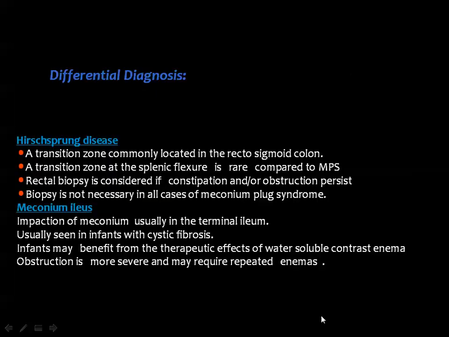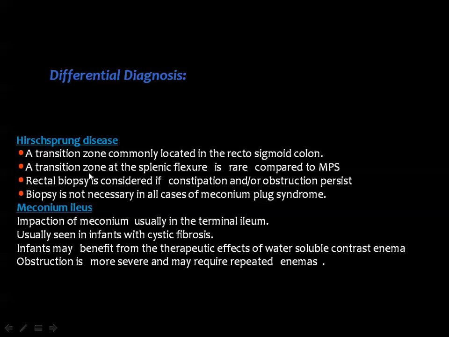This disease has to be differentiated from Hirschsprung disease, where the transition zone between the narrowed segment of the colon and the normal colon is usually located at the rectosigmoid colon, but in small left colon syndrome, it is present a little bit higher up.